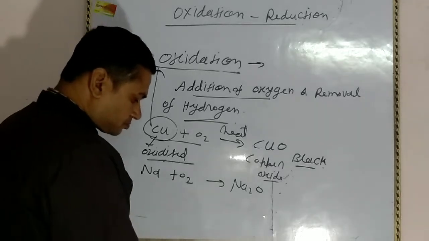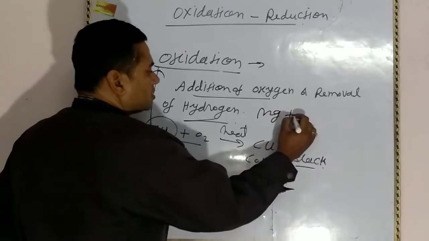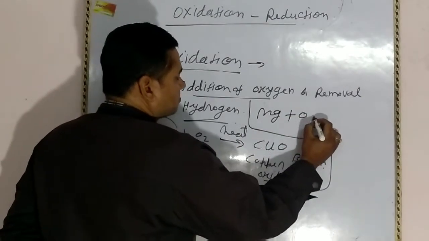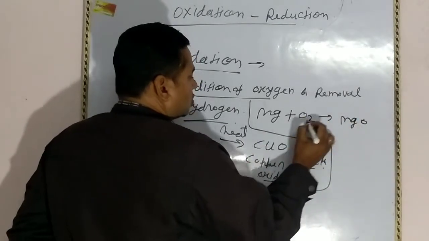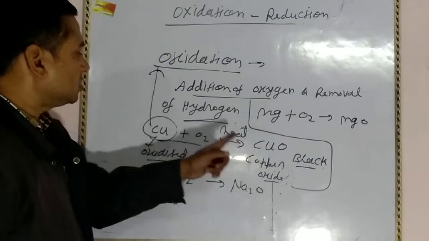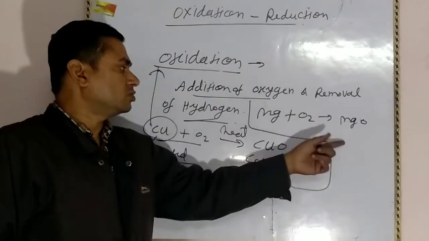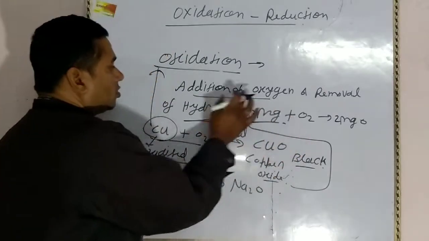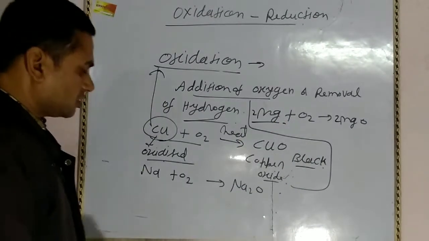Now like MgO, you can see Mg plus O2 forms MgO. This is also an addition of oxygen to magnesium, forming MgO. So this is also an oxidation reaction.